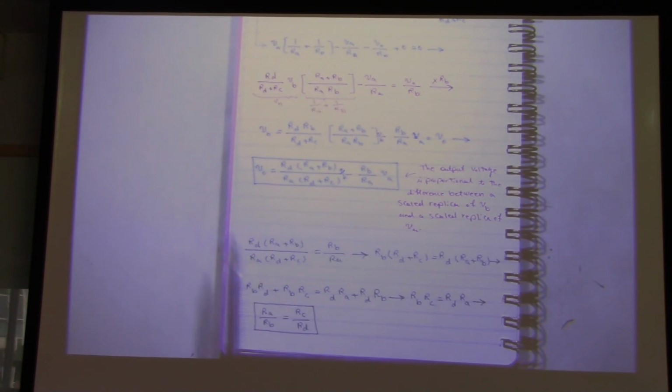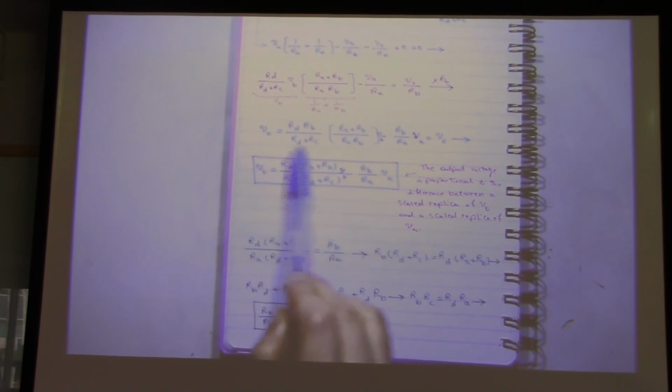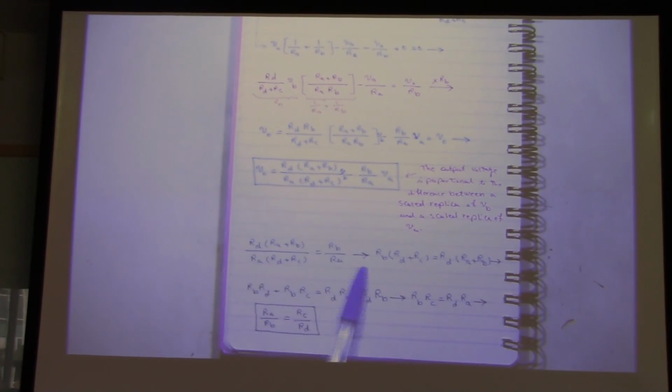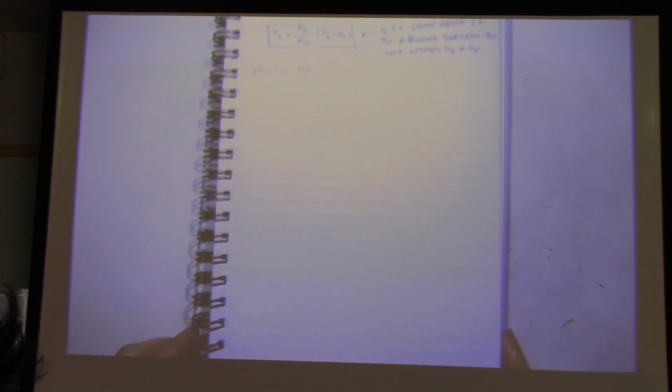It is the last equation, but in case we want to make it simpler, we want this term to be equal to this term, this is another condition. So for this one, Ra over Rb must be equal to Rc over Rd. So that's why we get for Vout this equation.